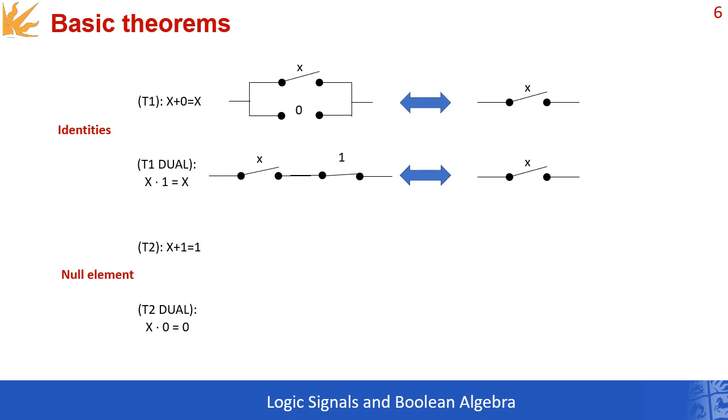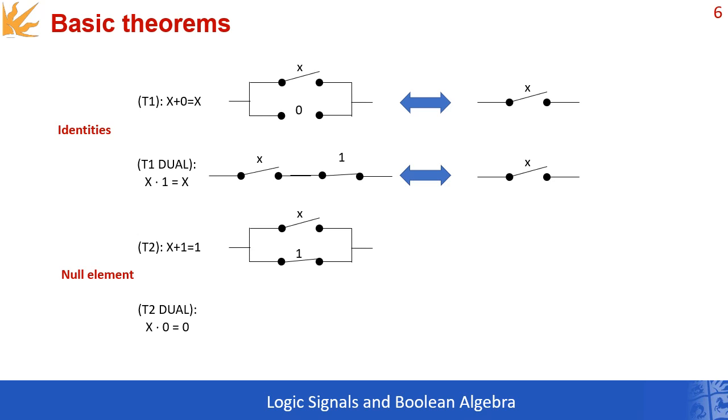Now, let's think about the null element. I challenge you at this point to pause the video and think how it would look based on the former example. Take this as an example and try to think about the null element. Again, we assume that we have two switches in parallel.